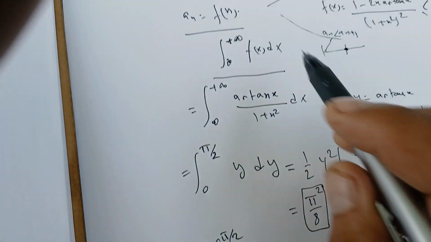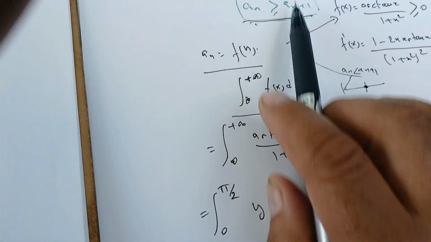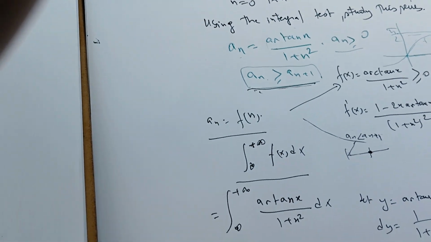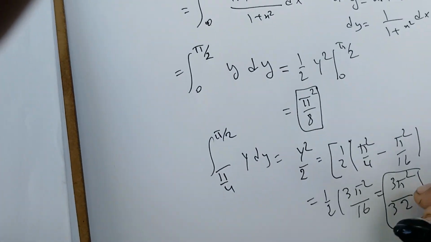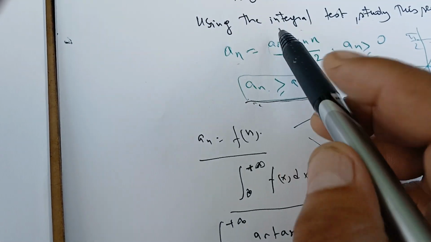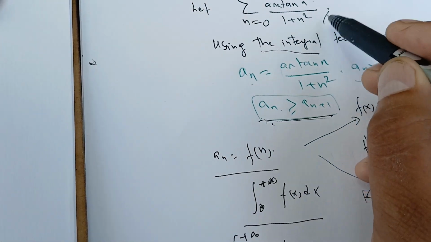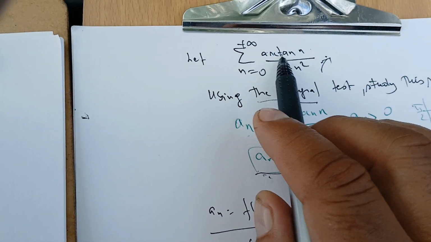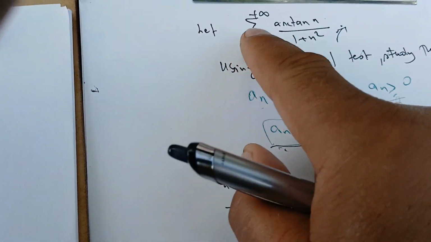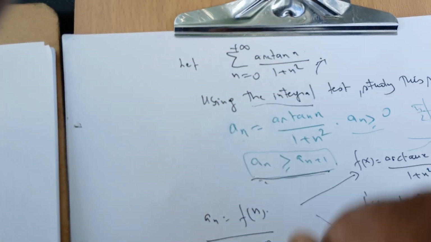It's not going to affect the convergence of the series because it's only a finite number of terms. But you see here that we always get it convergent. So this shows that the integral test is helpful here without going any further. This means that we proved that this series is convergent.